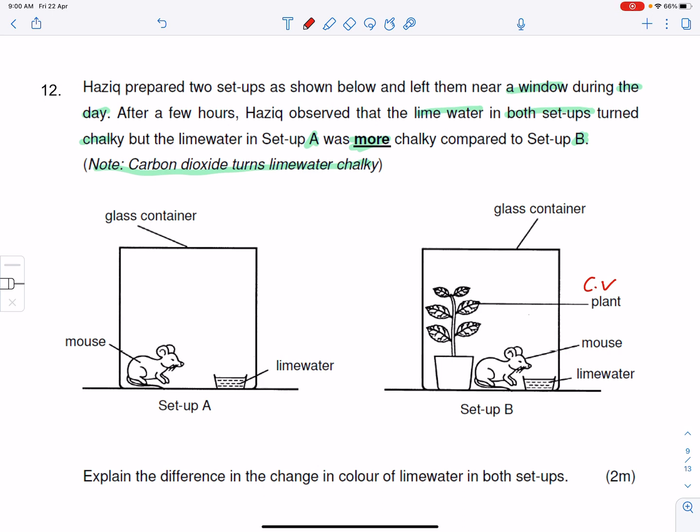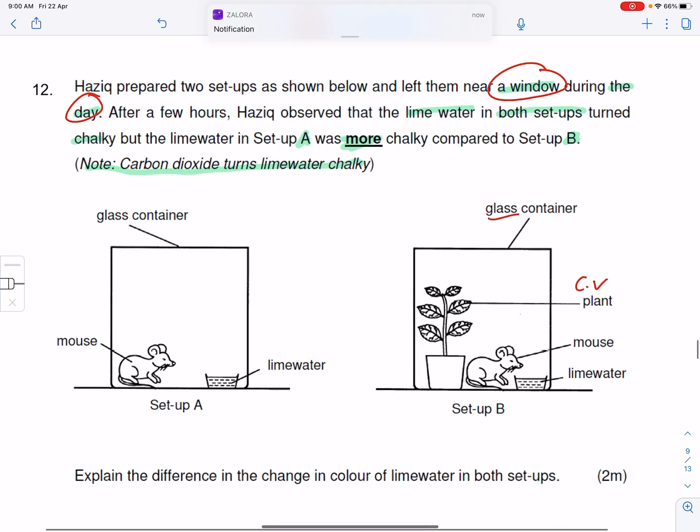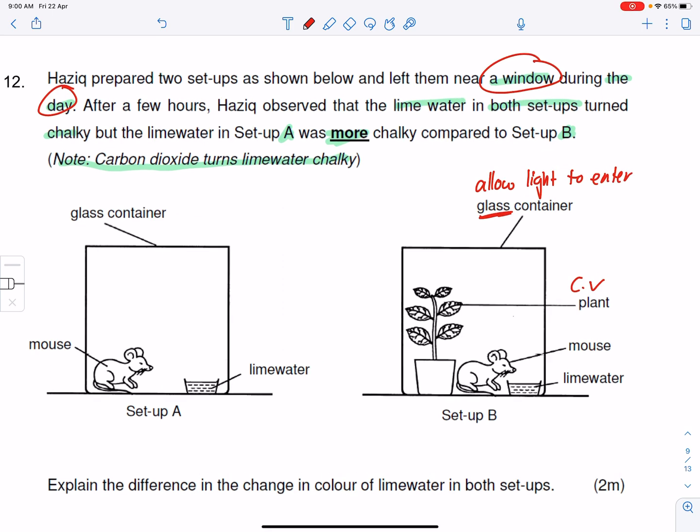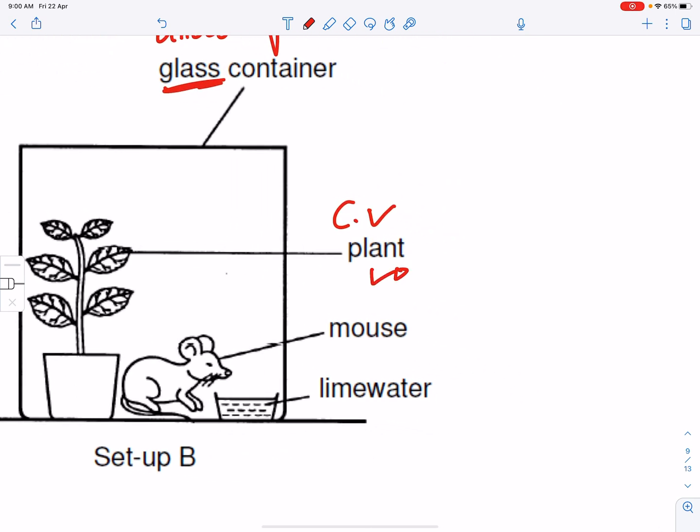And that would be to photosynthesize, right? Where's the hint? Near a window during the day. That's the whole point. And it's a glass container, so this means that you would be able to essentially allow light to enter, and your plant is able to carry out photosynthesis.